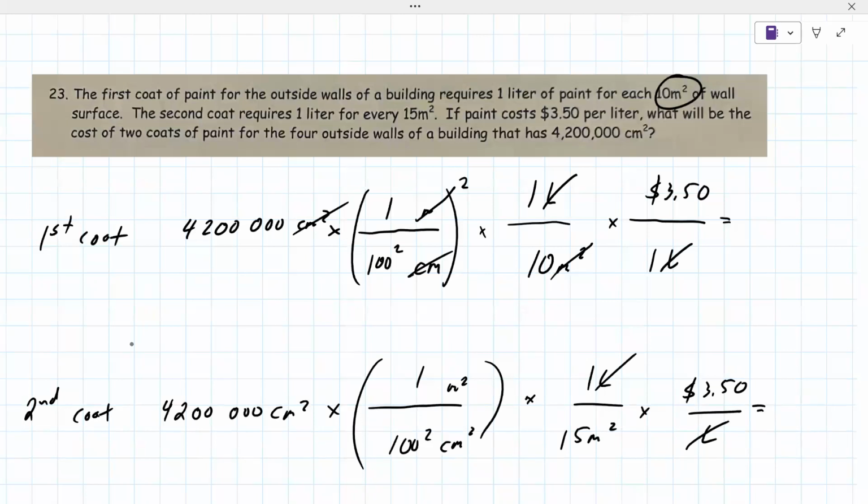So we get both of these numbers and then add them together. The first one is $147. The second one is $98.